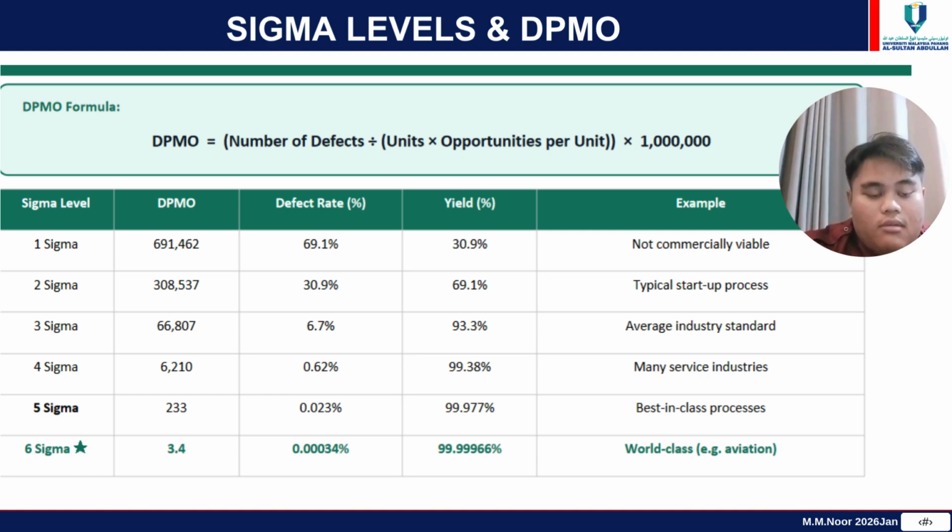But when you climb up to 6 sigma, your defect rate plummets to just 0.00034%, giving you a 99.99966% yield. This is world-class quality required in life-critical industries like commercial aviation.